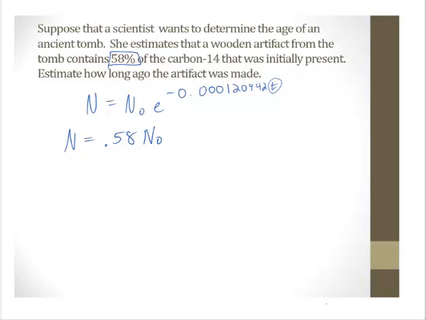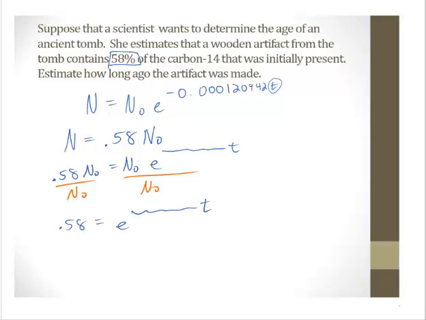So 0.58 N sub 0 equals N sub 0 e to the exponent t. Divide through by the N sub 0. So then 0.58 equals e to the exponent t.